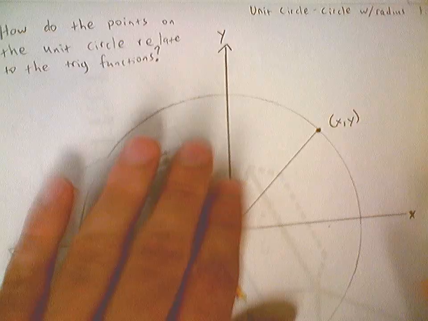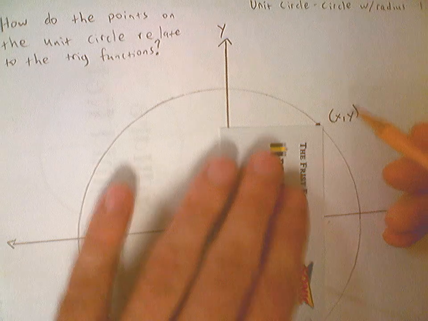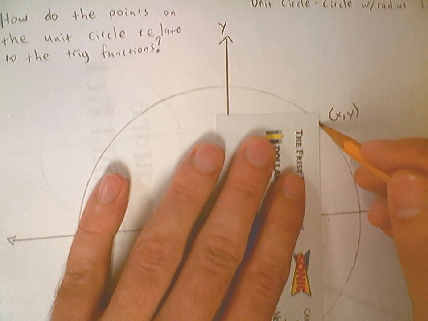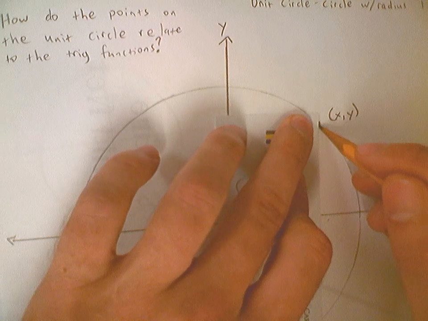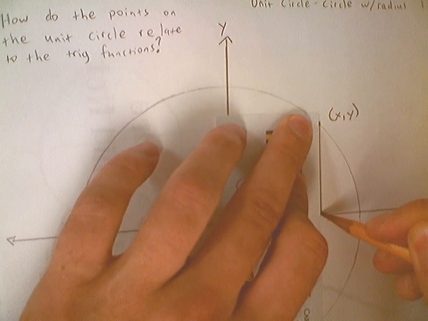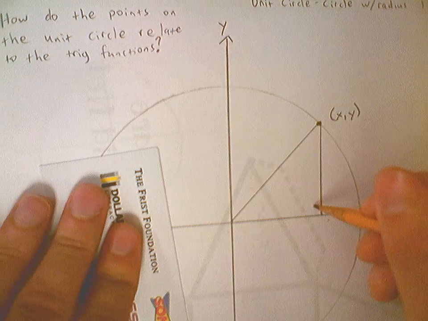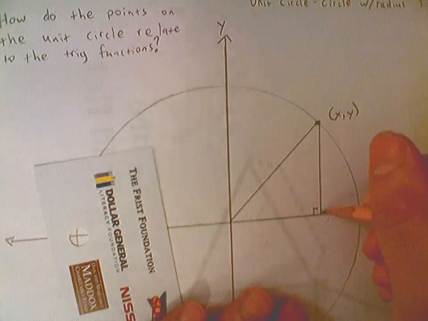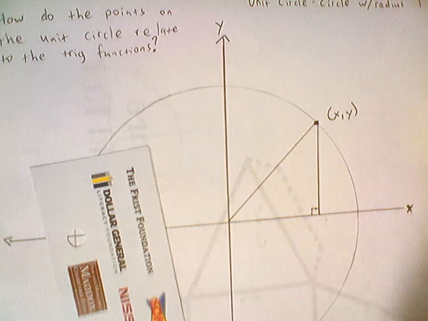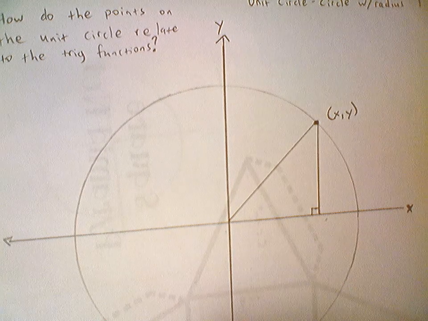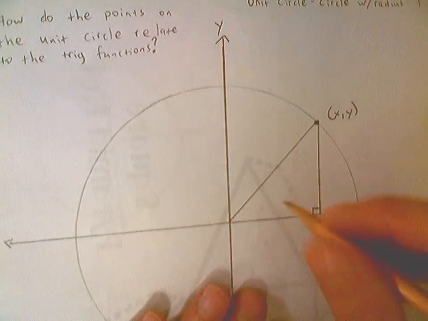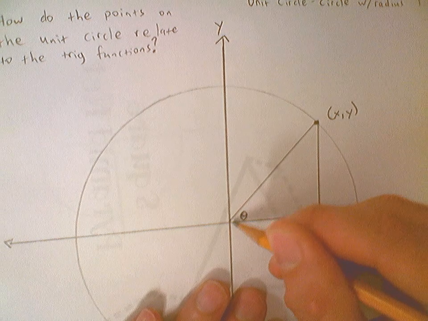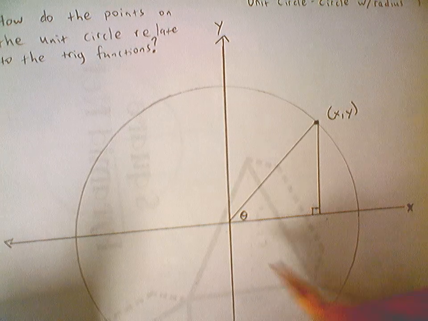I'm going to create a right triangle inside this circle here, because in math, anytime we learn something new, it's always helpful to relate it back to what we've already learned. I don't know exactly what this angle is right here, so I'm just going to call it theta.